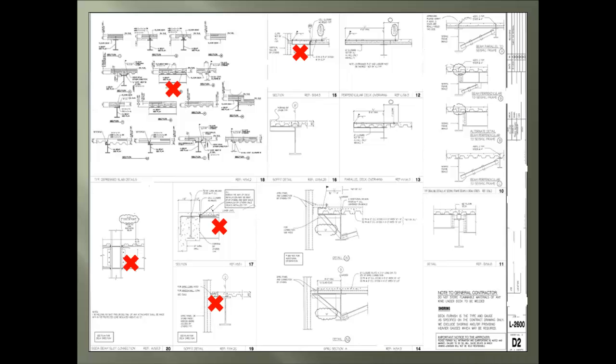Fifth X covers the window mullions attaching to the deck edge. Sixth X covers a soffit condition. Seventh X covers decking overhang when running perpendicular. Eighth X covers decking overhang when running parallel.